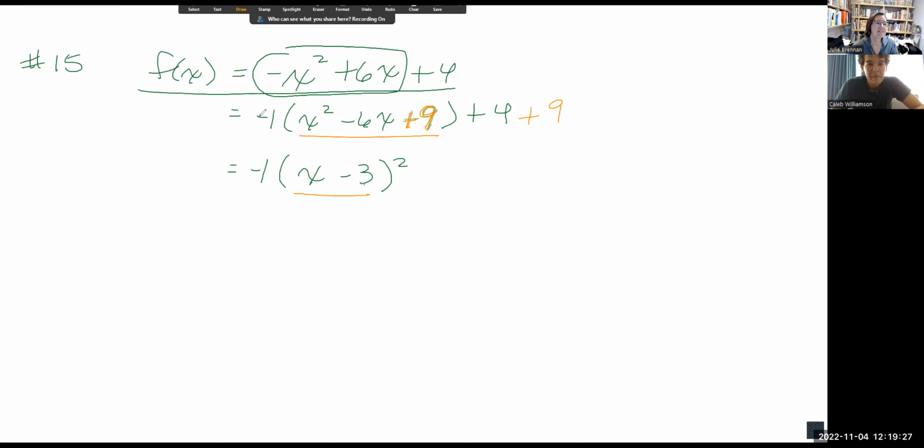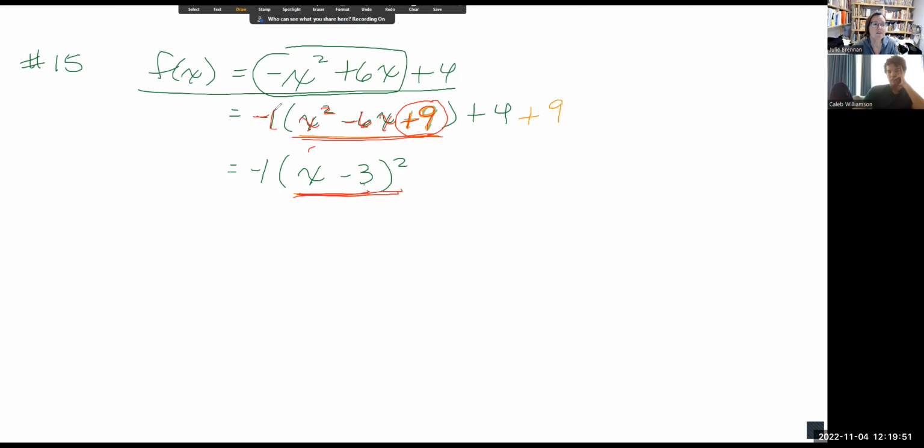So this is to complete the square, right? X minus 3, the quantity squared, is equal to x squared minus 6x plus 9. This is equal to this, right? But what I did is I had to add 9 to complete the square.